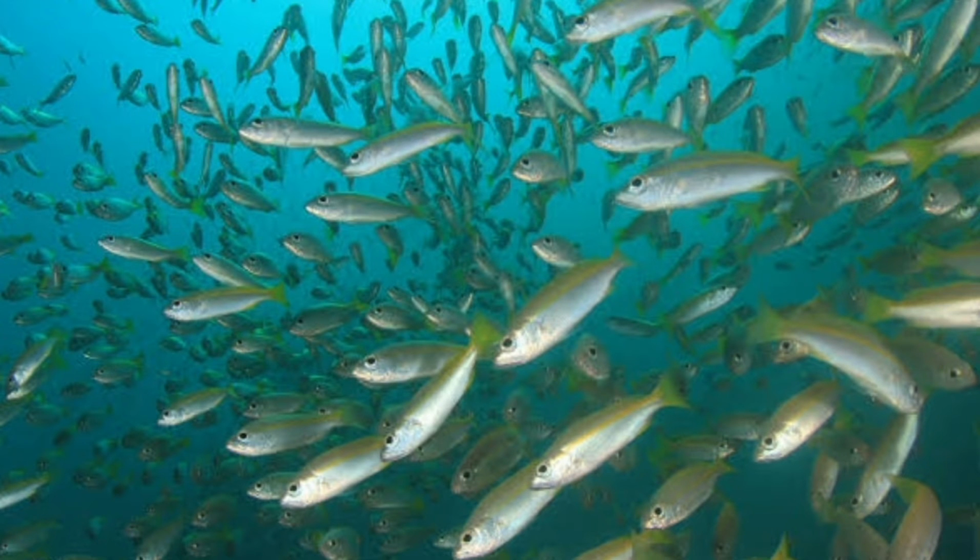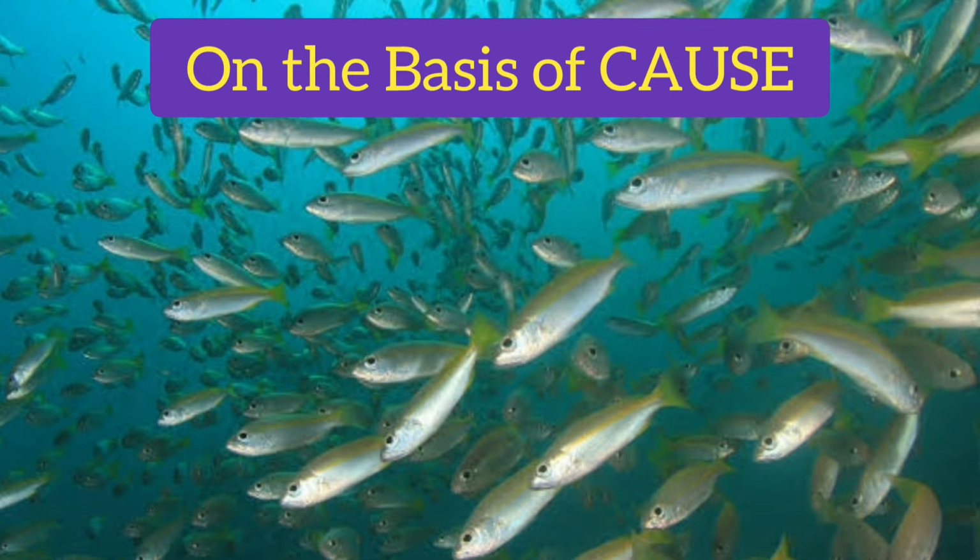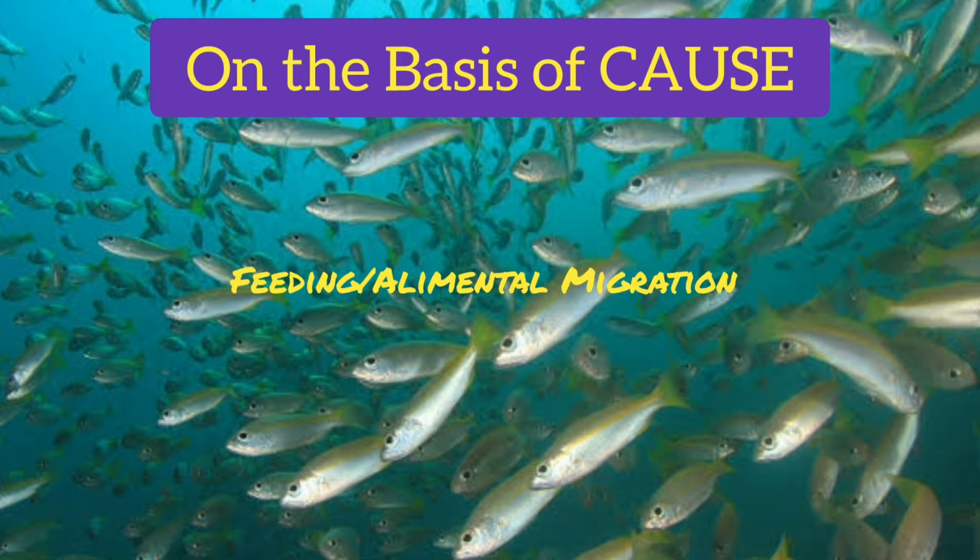Now, I will discuss different types of fish migration on different criteria. On the basis of cause, the migration may be feeding or alimental migration, spawning migration, juvenile migration, recruitment migration, and seasonal migration.